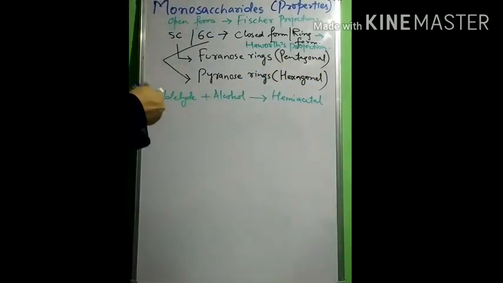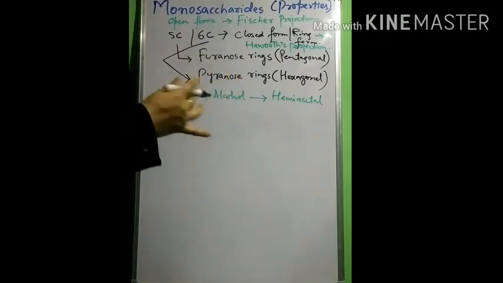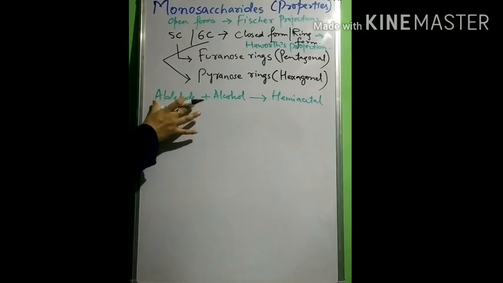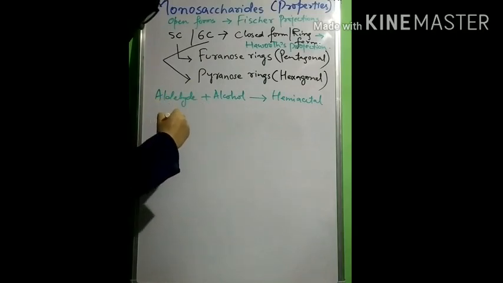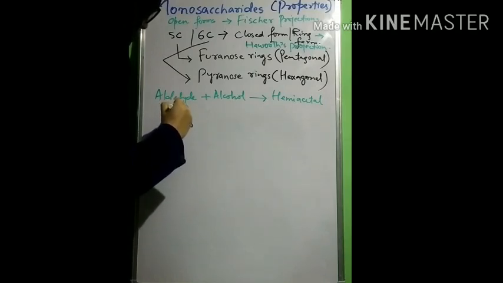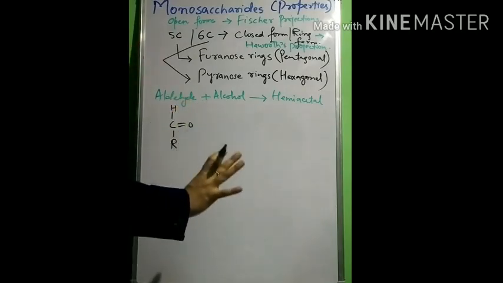Let me show you in detail. You need to have a very strong hold on chemistry to understand this, but I'll try to make it as simple as possible. I will make an aldehyde compound. Suppose I am drawing over here C, double bond O, H and R. R is the chain which is attached with the aldehyde group. So this is an aldehyde, if you agree.